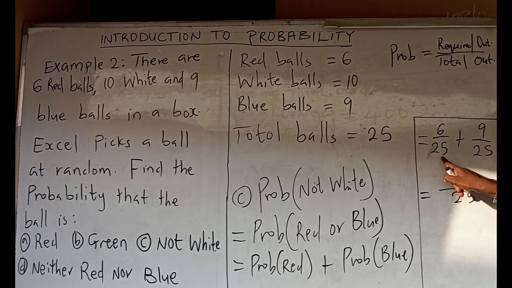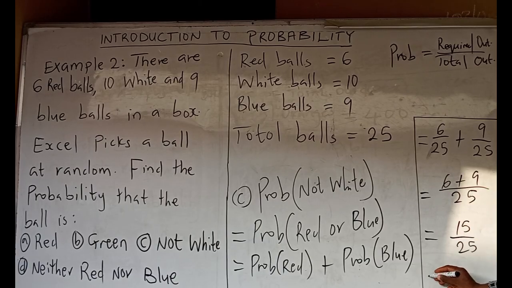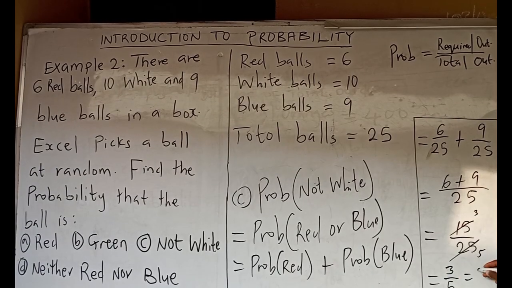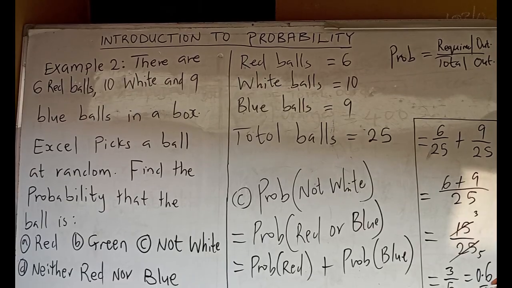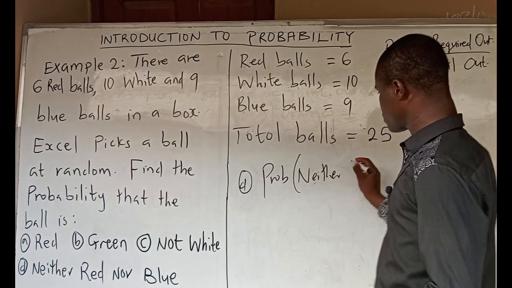So 25 go here, 1. 1 times 6, 6. Plus 25 go to 25, 1. 1 times 9, 9. So 6 plus 9 will give us 15 over 25. So 5 go here, 5 go to 15 will give us 3, and 5 go to 5 will give us 5. So 3 over 5, in decimal number, 0.6.